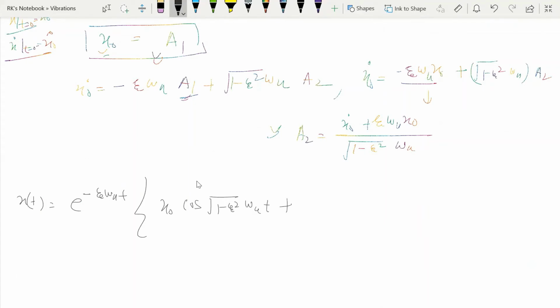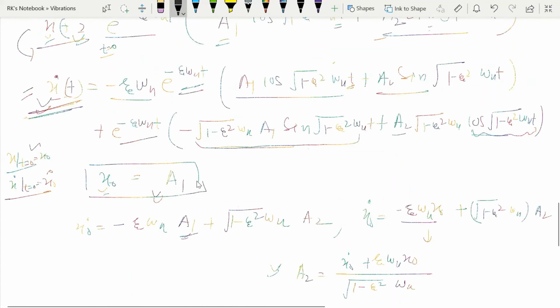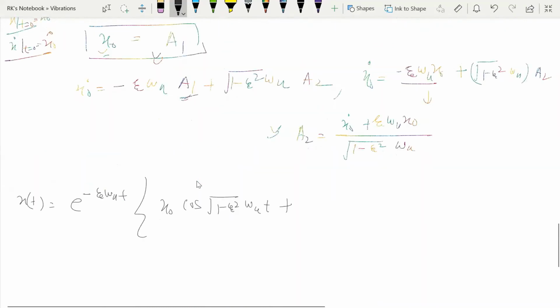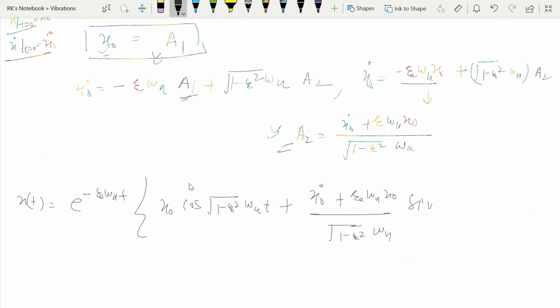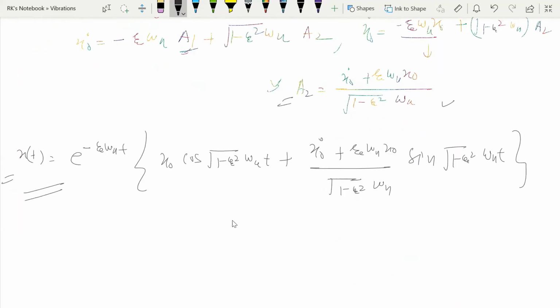At the place of A2, we'll write this value: (x naught dot plus ζωn x naught) over √(1−ζ²) ωn, times sin(√(1−ζ²) ωn t). So this is our complete solution.